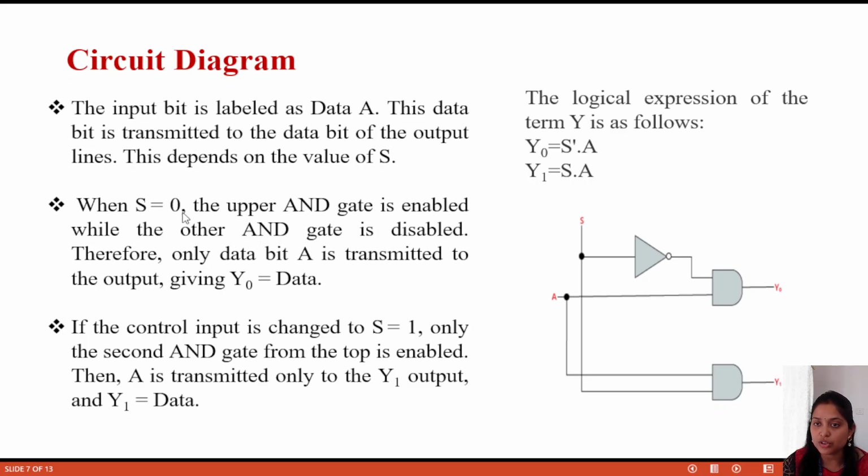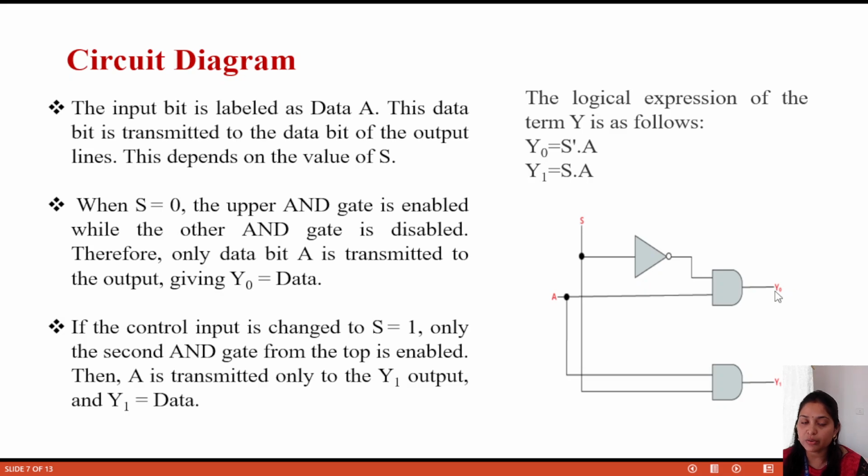So how does it work? When S is equal to 0, you can see only this AND gate works and the other AND gate will not work. When S is 0, passing through the NOT gate it becomes 1, and the other input is A, so the output will be A. But for the other AND gate, if S is 0, one input is 0, and all of you know that if one of the inputs of an AND gate is 0, then the output will be 0.